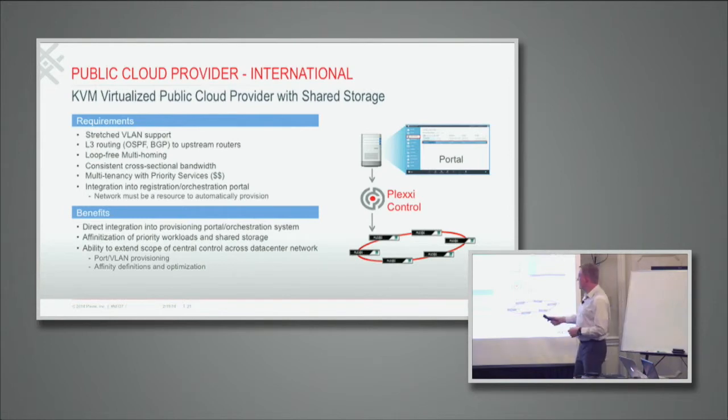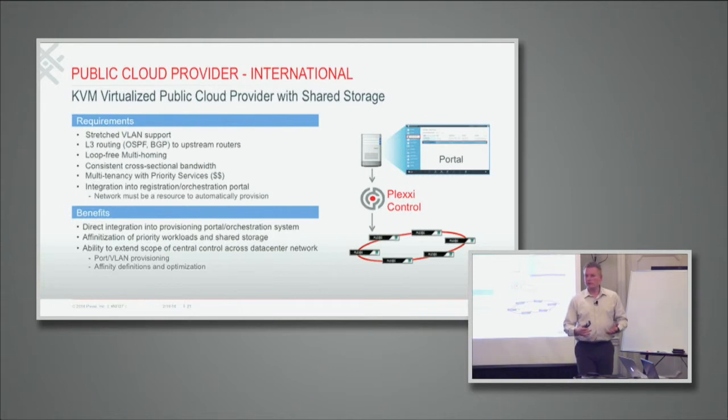For them, the biggest driver for all this was a direct integration with their portal. They have a portal like you see from many other places. You can go in, choose how much virtual CPU, how much virtual memory, how much disk space you want, please put your credit card number in, and voila, 10 or 30 seconds later, here's all the data you need. What we did for them was very much integration driven.